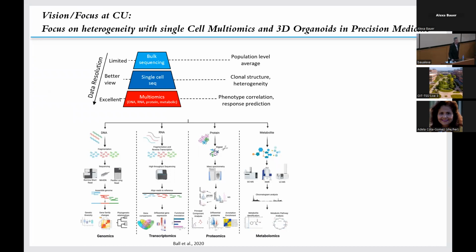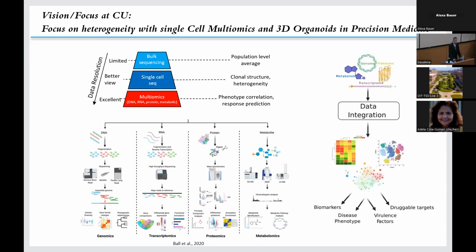And this leads to a population-level type of genetics that we are getting. It does not address the heterogeneity that we have increasingly been seeing in these patients. So I would argue that the implementation of single-cell multiomics and patient-derived models, whether organoids or other patient-derived models, would provide the answer to improve on precision medicine and improve on the statistics of cancer survival and responses to therapy.